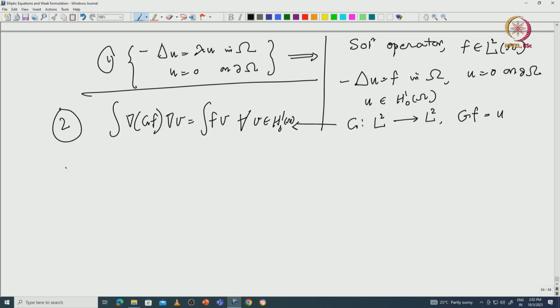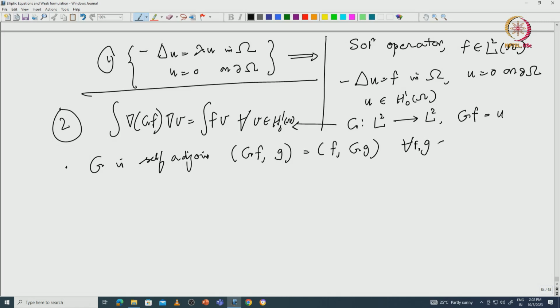And what we have seen is that G is self adjoint, that is symmetric: the L2 inner product of Gf with g is equal to that of f with Gg for all g in L2. Then you also see that G is compact.